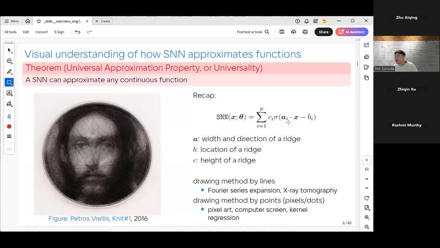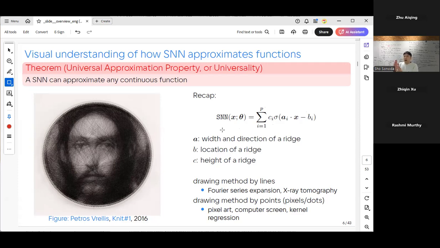What do I mean? In the previous slide, I explained that a shallow neural network is a linear combination of ridge functions. For the two-dimensional case, a single hidden unit corresponds to a single ridge on two-dimensional space, and a shallow neural network is a weighted sum of ridge functions.